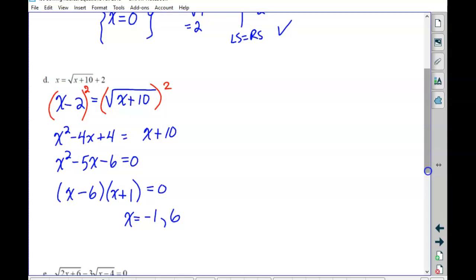So this is where, if you are looking at what values of x are defined in the equation, x has to be greater than or equal to negative 10. Okay? So both of these are, but do both work, right? So for negative 1, we'll have to check when x equals negative 1. And I go back to the original form, in case I made a mistake rearranging.